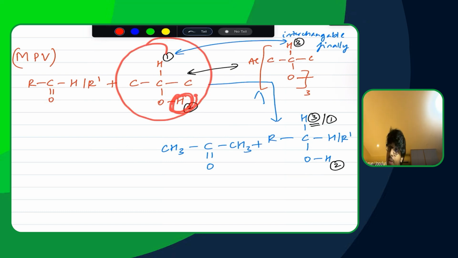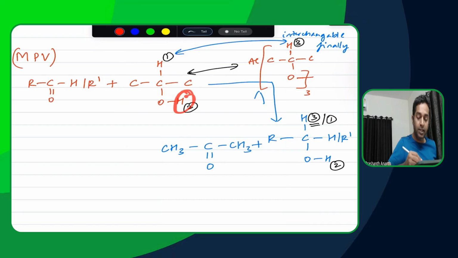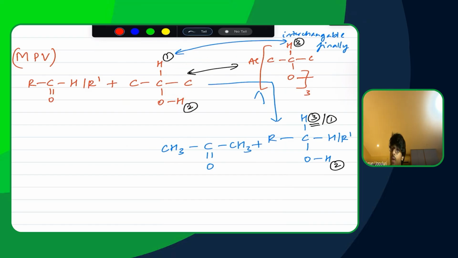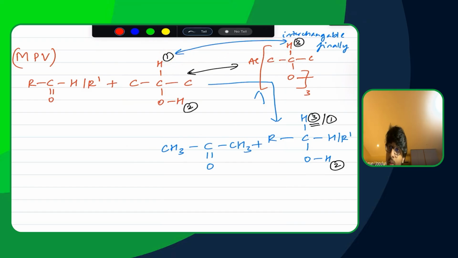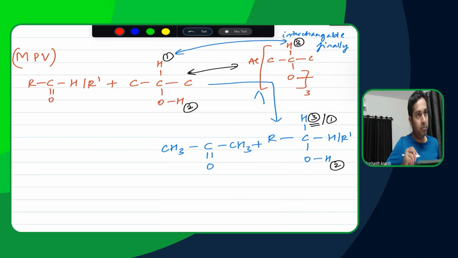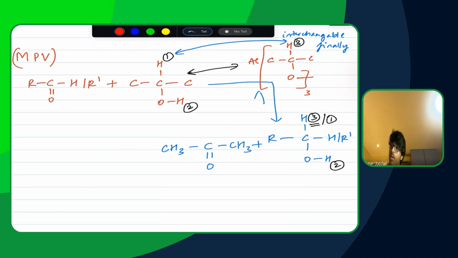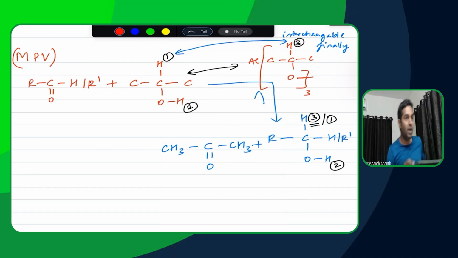Every time it loses the hydrogen, it will become this. And when aluminum becomes this, 1 would have become 3. You understand the idea over here? Yes, sir.